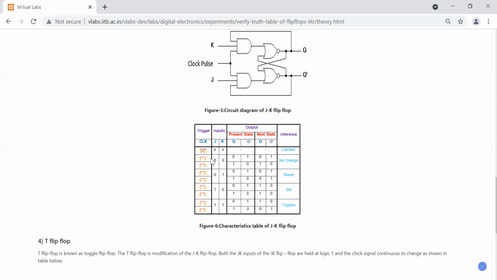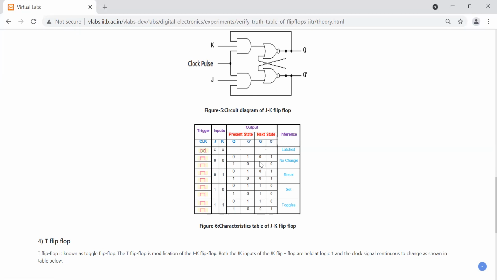Then in the next state, we can see when J and K inputs are 0, 0, and clock pulse is applied, at that time output Q will follow its previous state.